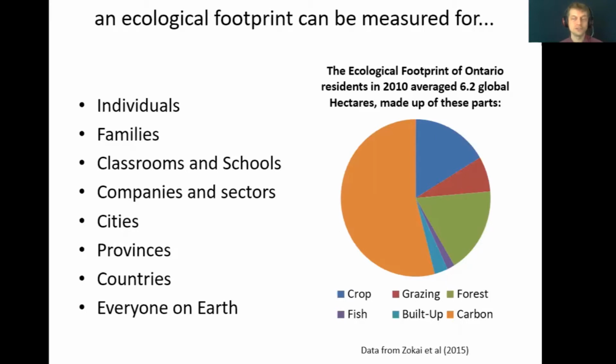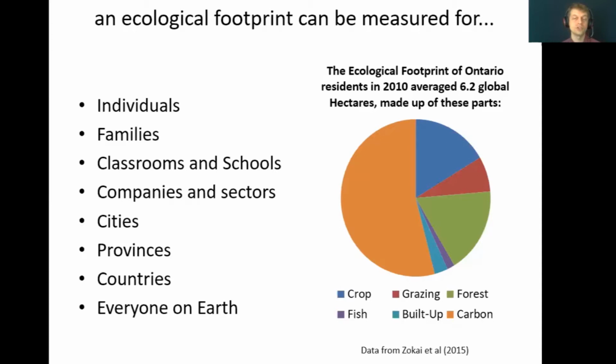Now, I'll give you a sense of what that is in terms of area. 6.2 global hectares is equivalent in area to about 2 times the whole area of the Olympic-sized stadium in Toronto called the Rogers Centre, formerly known as the Sky Dome. So 2 of those, in area terms, of all the seats and the field, would be needed on the planet per person to satisfy the ecological requirements of a person living in Ontario.